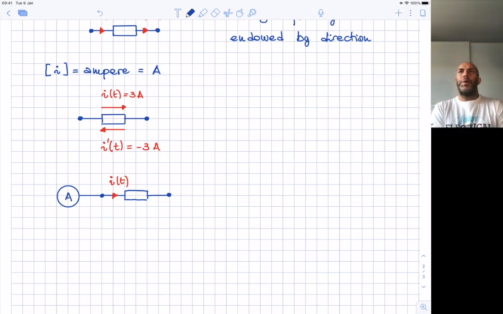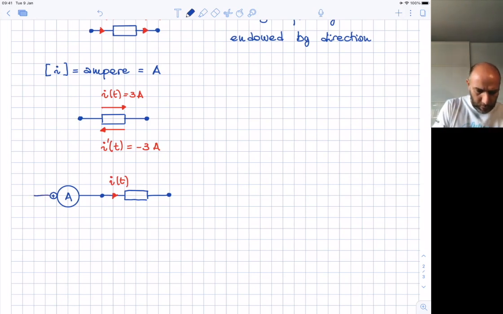And since the current is endowed by a direction, we also have to know which direction of the current we are measuring. So, for this reason, what we have to do is to specify which is the terminal of the ammeter that is considered as a positive terminal.